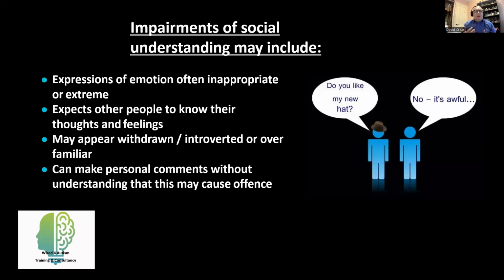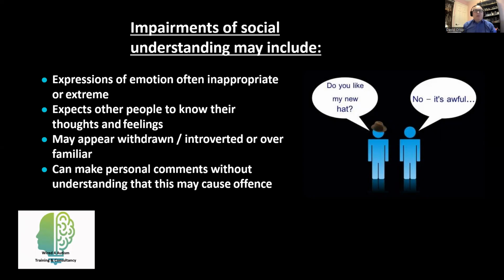So, impairment of social understanding may include expressions of emotions that are often inappropriate or extreme, may have a flat, dull, neutral face all the time, may have a fixed grin, may laugh inappropriately, may expect other people to know their thoughts and feelings instinctively, and may appear withdrawn, introverted, or over-familiar.